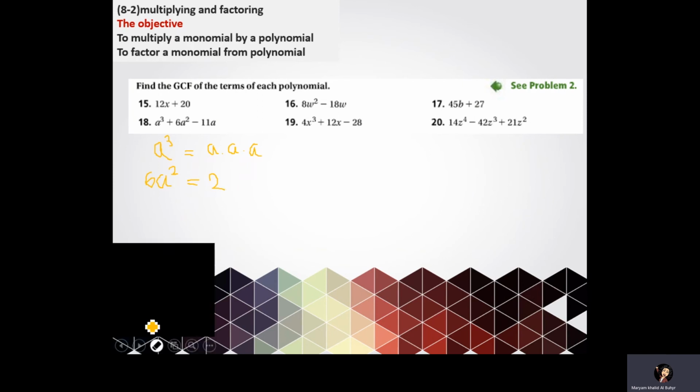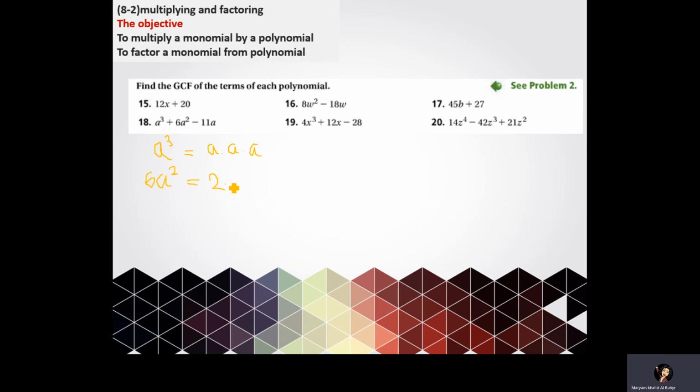I don't want you to think that it is x. So 2 times 3 times a times a, 2 times. Finally, we have minus 11a. 11a is exactly the same. There is no more factorization for this one. I don't have any two numbers that multiply to give 11. 11 is already a prime number. So that's a.